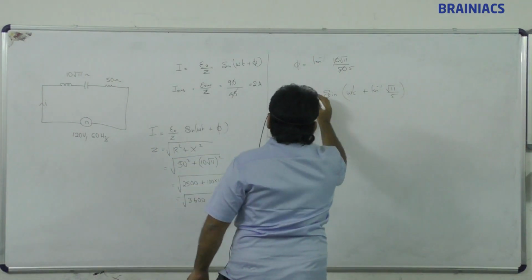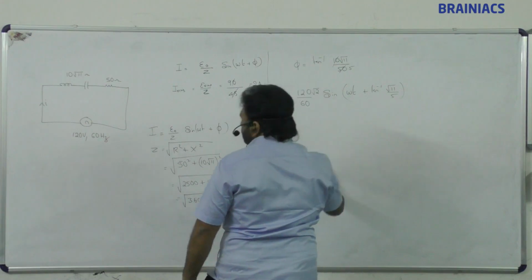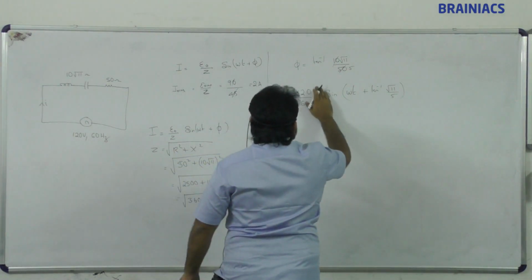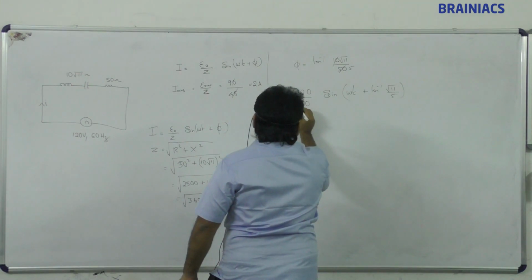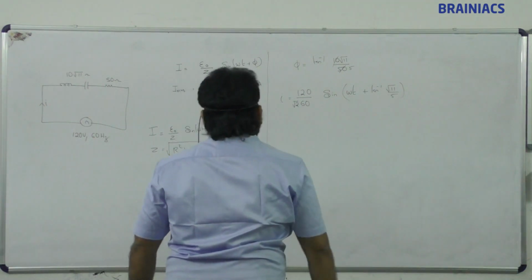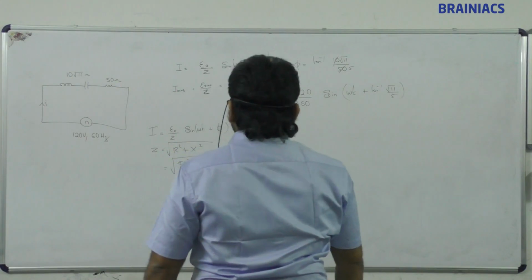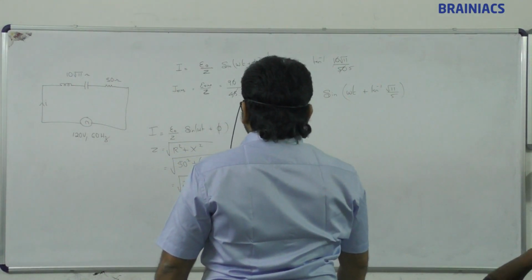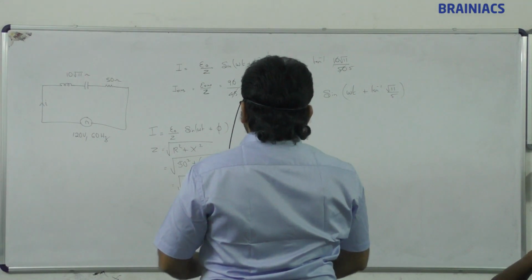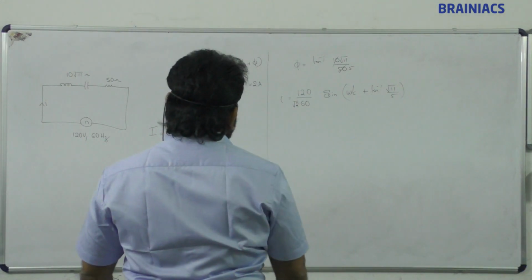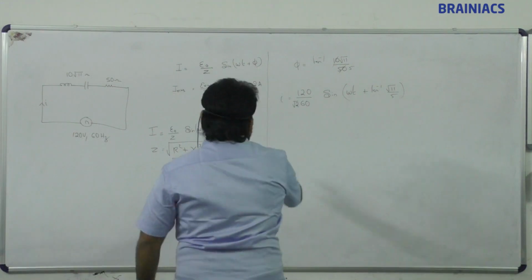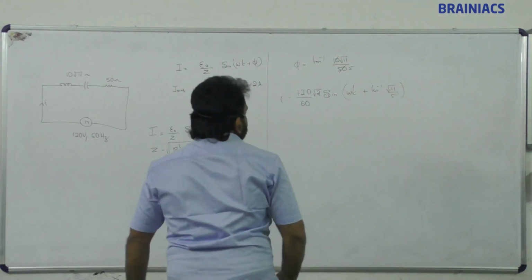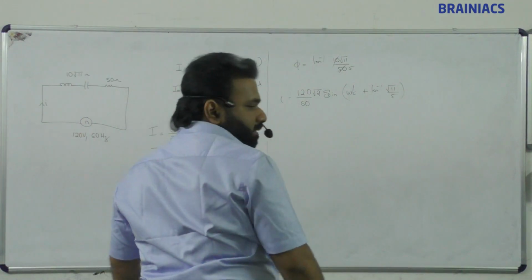Here root 2 will have to be put, right? E naught is 120 root 2, not 120 by root 2. Sorry, E naught is 120 root 2 by 60.